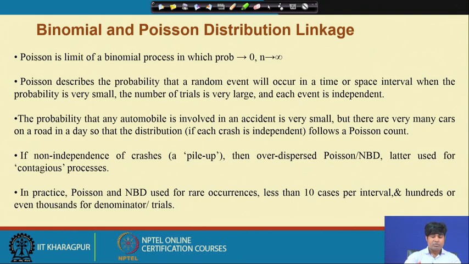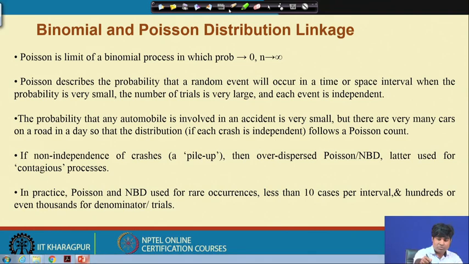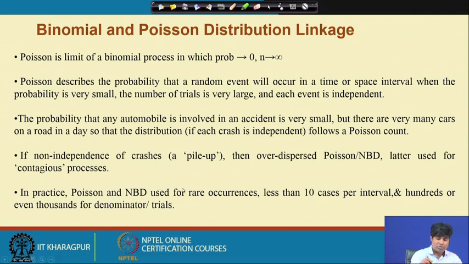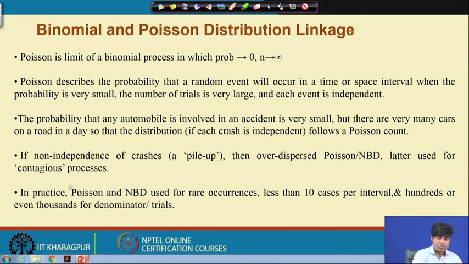Again, what I have already mentioned: if you increase the sample size, n tends to infinity, then there is a high chance that the distributions will be close to each other, and the overdispersion factors can be removed, and then finally the Poisson distribution and the negative binomial distribution can be close to each other.